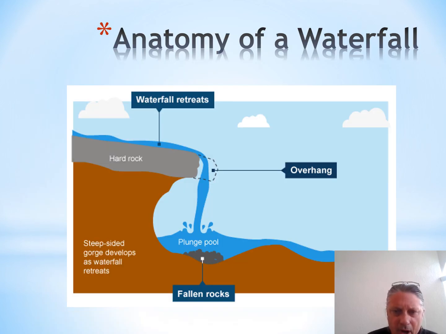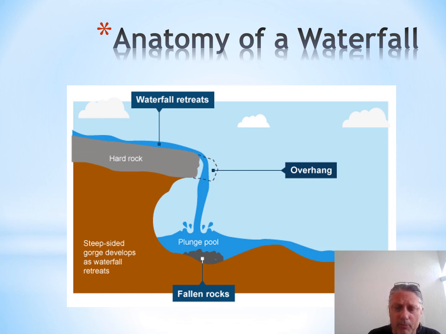Now, a waterfall, and we will have top and bottom pictures of waterfalls, the plunge pools, where the water carves out, and you can see some rubble in those fallen rocks. We actually have videos of those fallen rocks being removed. Folks in the tourism industry love to swim in plunge pools, not necessarily Niagara, way too strong, but in smaller waterfalls.